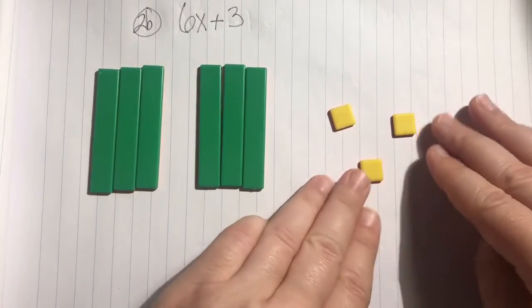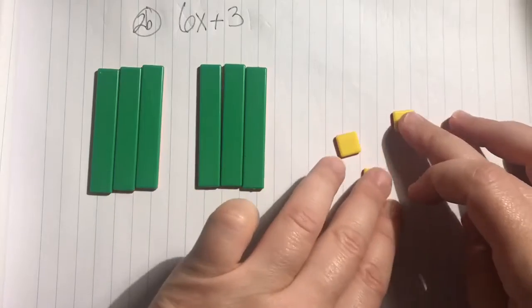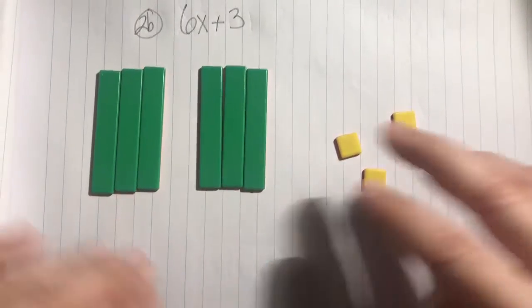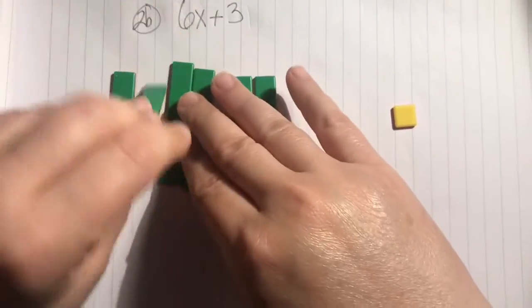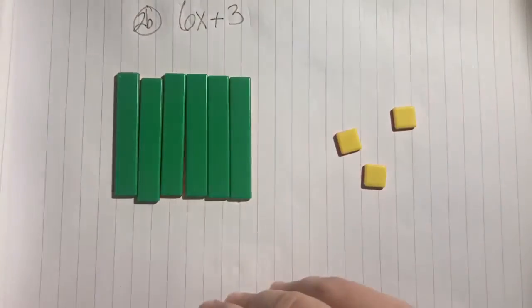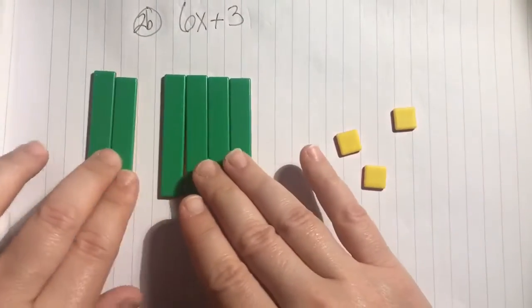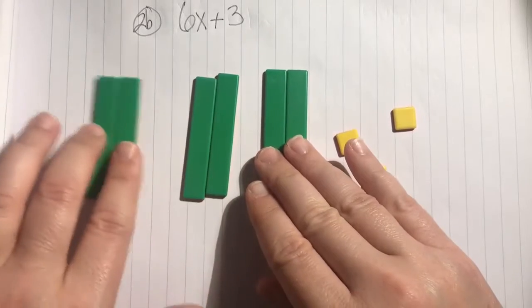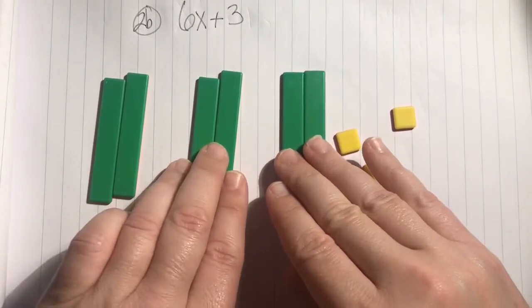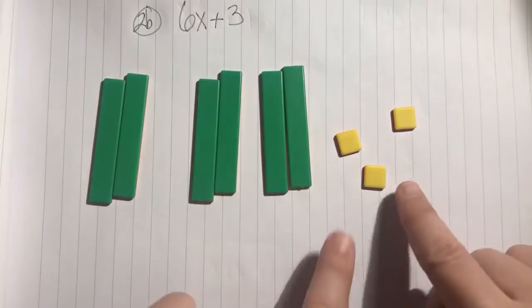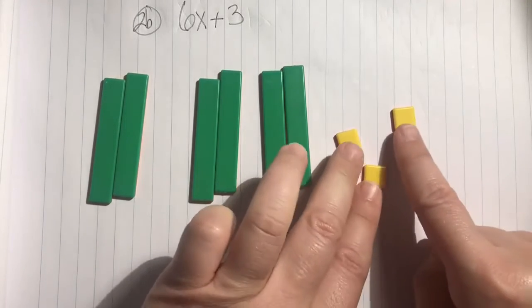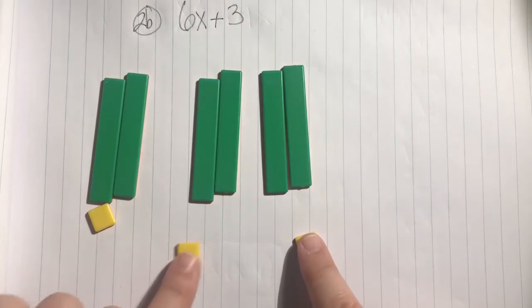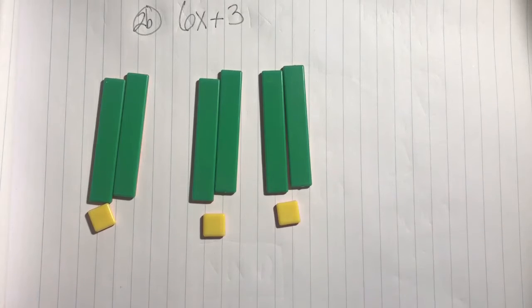Here, there is no way to group these into 2 groups. So back to the drawing board. Can I group these into groups of 3? Well, yes, I can. So here's my group 1, group 2, and group 3. Can I do it with these 3? Yes, I can. I can put 1 here, and 1 here.